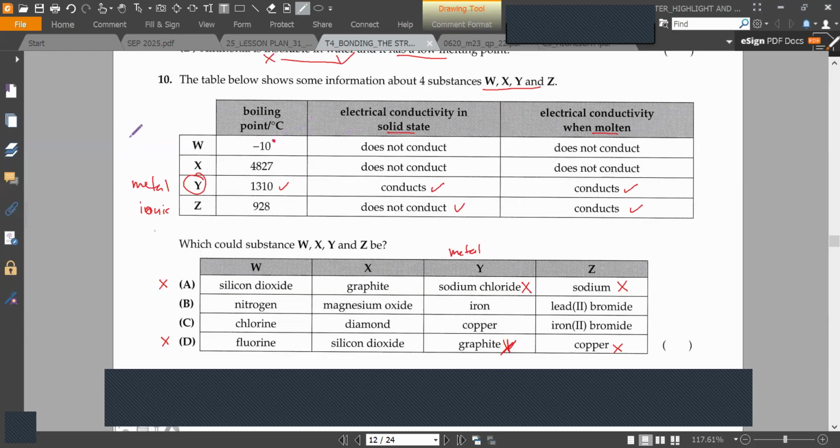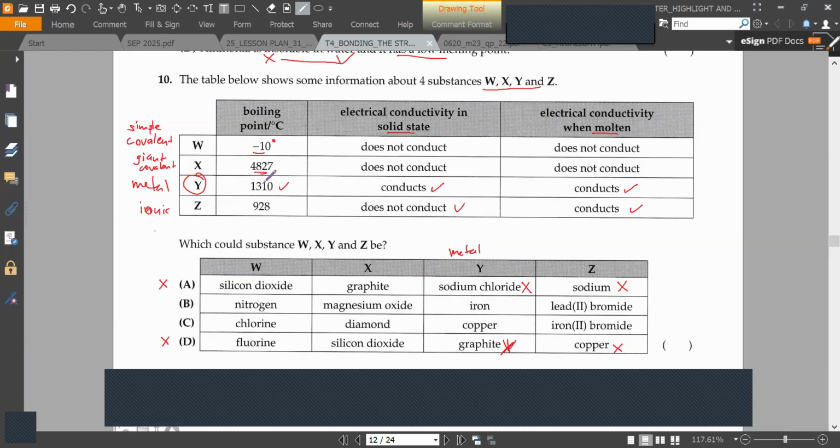This one will be simple covalent because of the low boiling point. This one will be giant covalent, because it does not conduct and has high melting and boiling points.